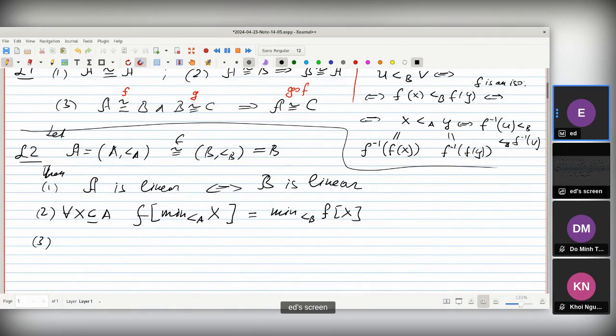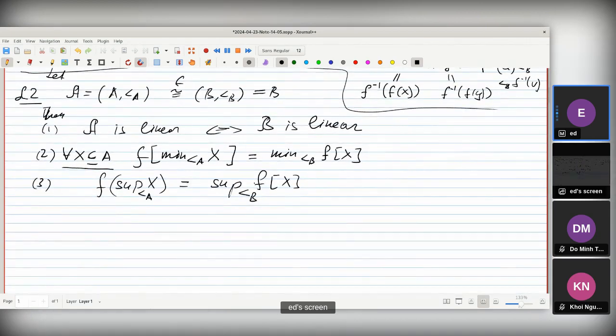Some other examples. If we have, say, a supremum of X with respect to the order of A, then it will be mapped to the supremum of, still not alpha, but F, the supremum of the image with respect to our order. And of course, we can say the same for chains and anti-chains.